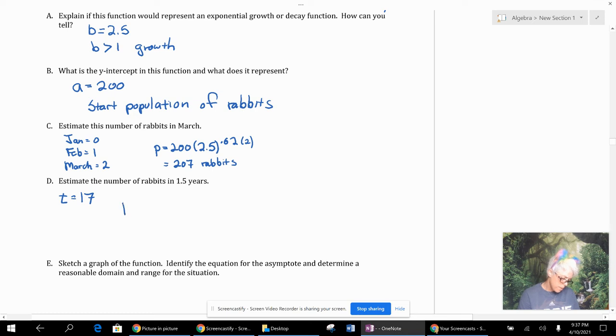So again, I have my formula, I plug in my t for time, 0.02 times 17, and I end up with 273 rabbits. It's very exciting.